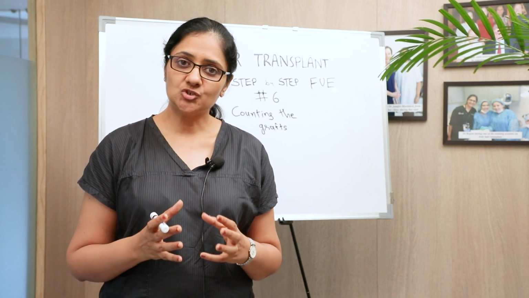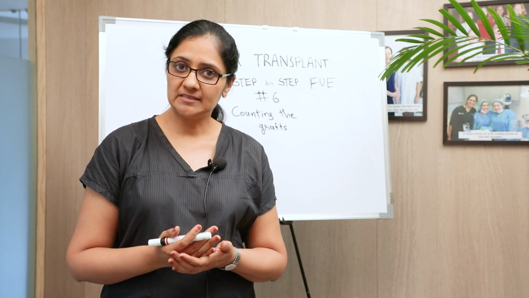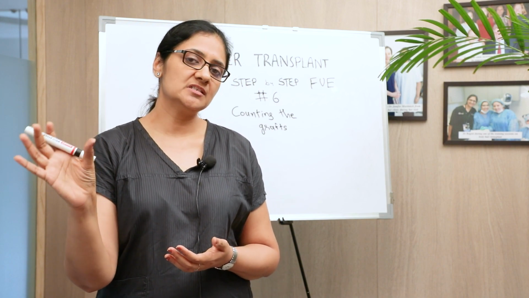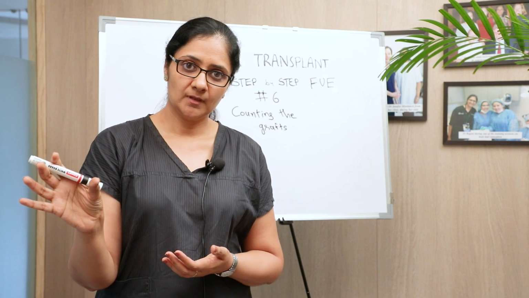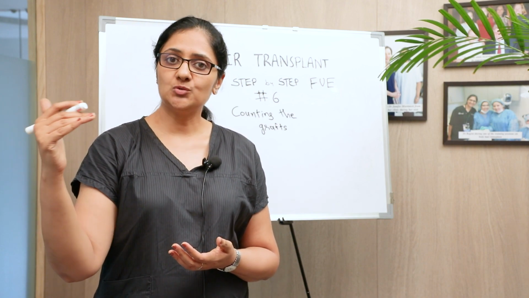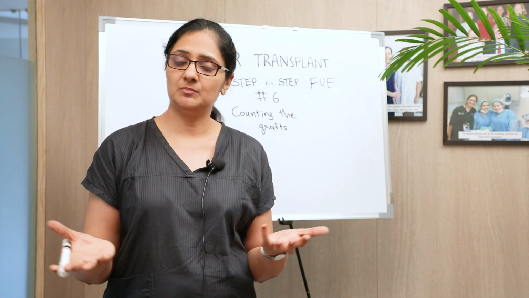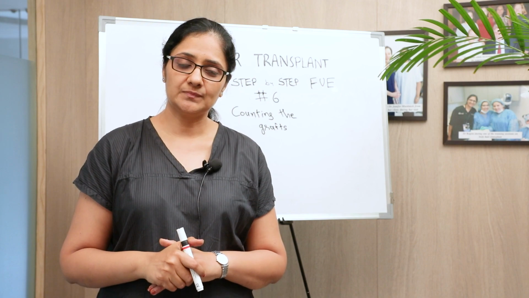So the actual number of grafts that we have in our hand is less than what is visible on the automatic display screen of the machine. That is one place where patients can get misguided: okay, 2000 grafts were performed in my case, but actually the number of grafts extracted was probably around 1000 or 1500.